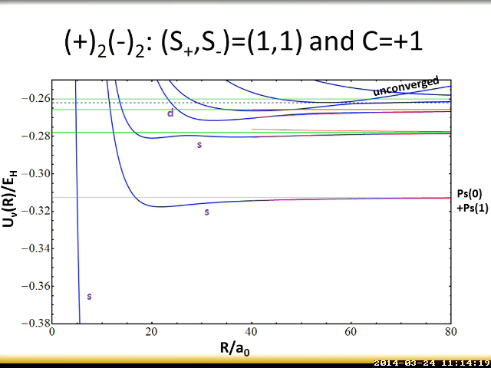I don't know the critical temperature offhand, something like a Kelvin or so? But from what I'm going to show, the elastic scattering's been calculated for the two systems, the two different spin configurations, and it's really, really small scattering length.